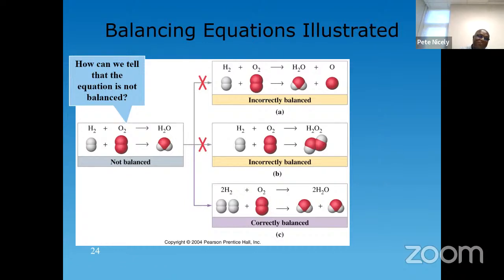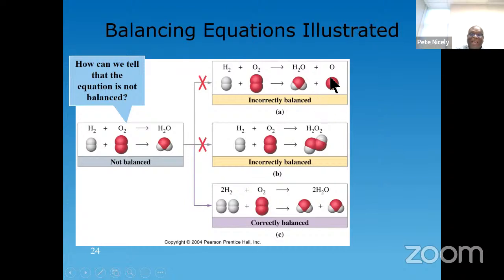So the question is, how do we go about balancing this equation? Let me show you what you should not do. One thing you cannot do is simply add an element or an atom to one side in order to achieve balance, as is shown here. If you add an oxygen here, it does balance it, but that's not the correct way of balancing an equation.